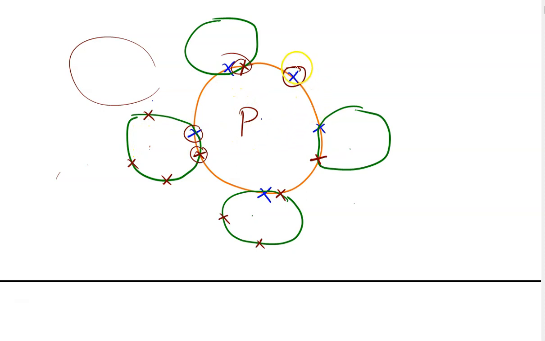Once we have this electron moving in it, it becomes a free electron. So it moves freely.